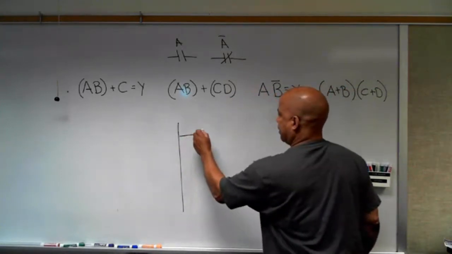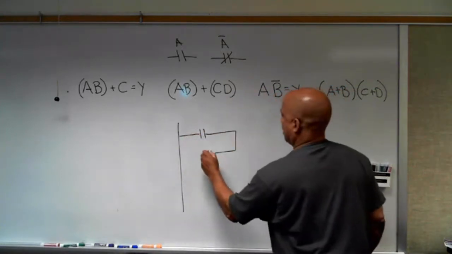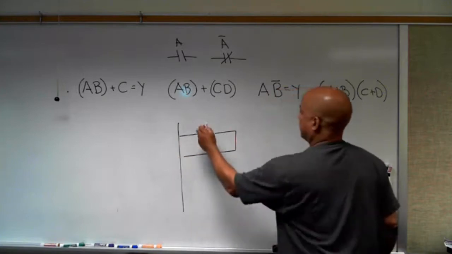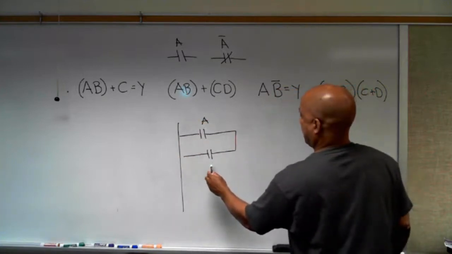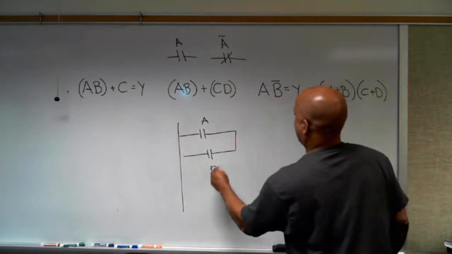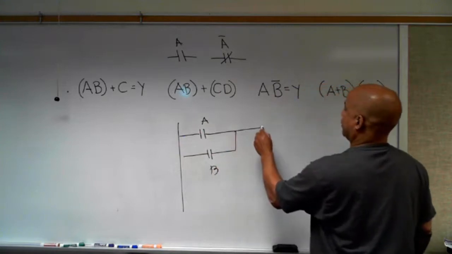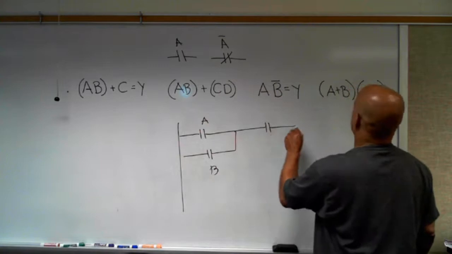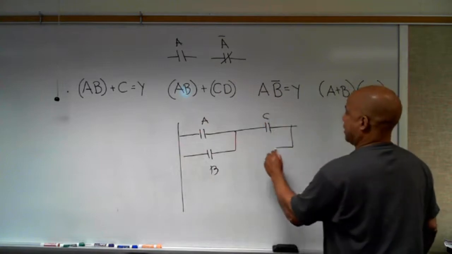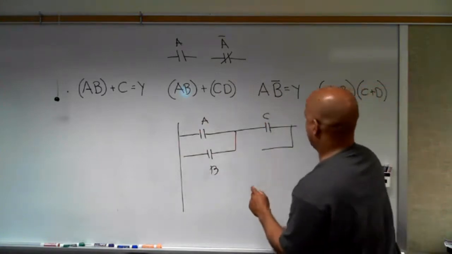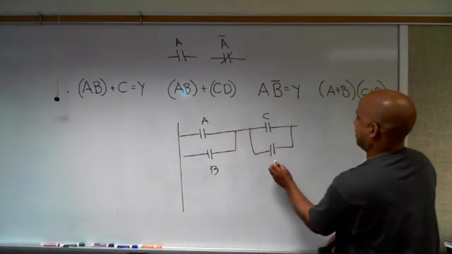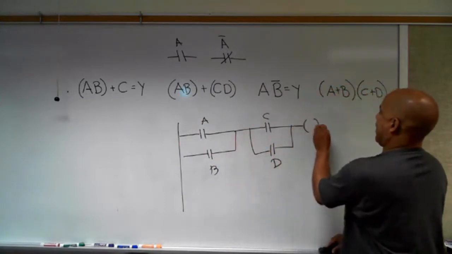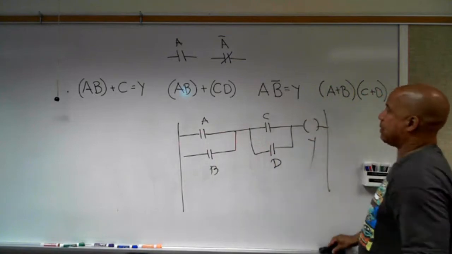So I've got this OR and this, B, and then I can just show the same thing again. C, and D, and then I have my output Y.